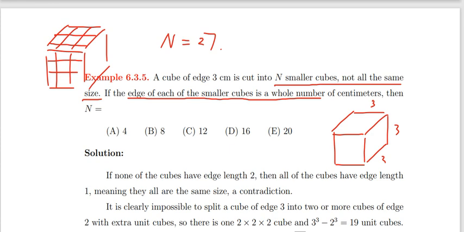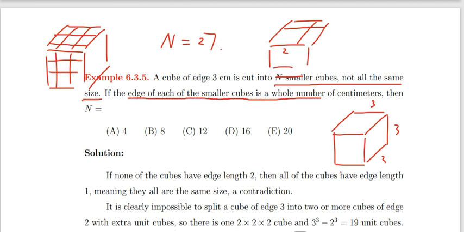But here it says not all the same size. If all the same size, it would be 27. So not all the same size. This means we can cut a 2 by 2 cube.